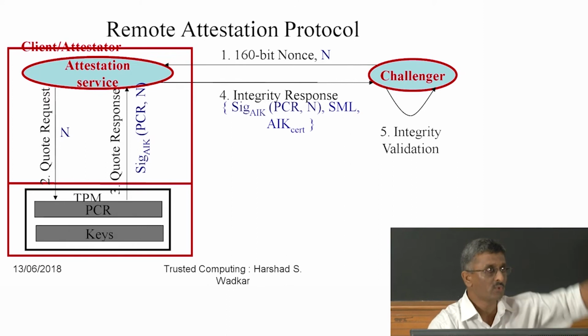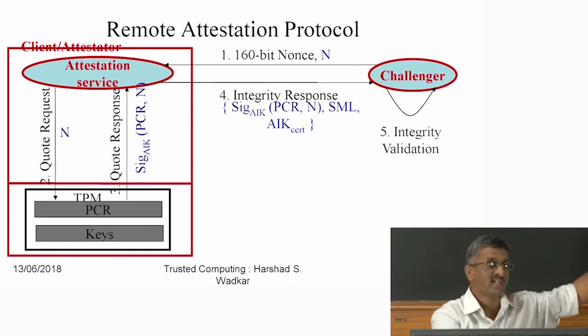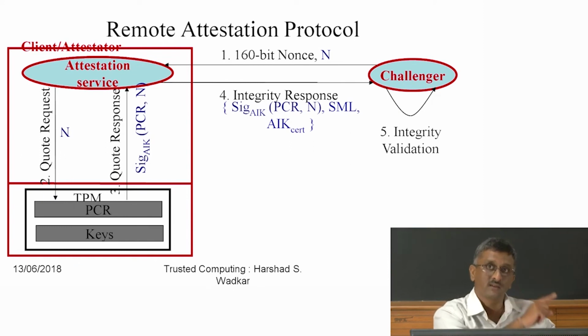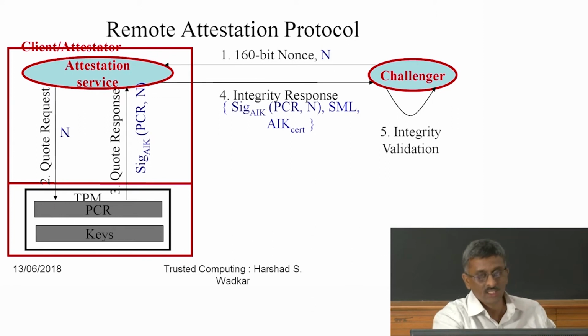That nonce will come to your system. A request is made to generate the hash value of your PCR. Your PCR and that nonce will go to your attestation service, and the attestation service sends me your PCR with the same nonce, and all these things are signed.